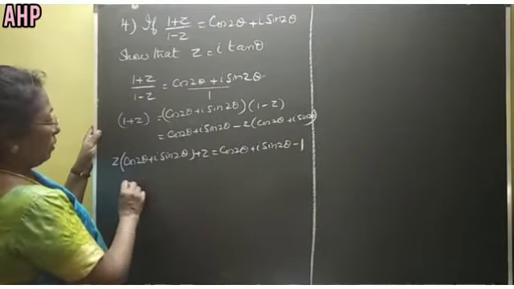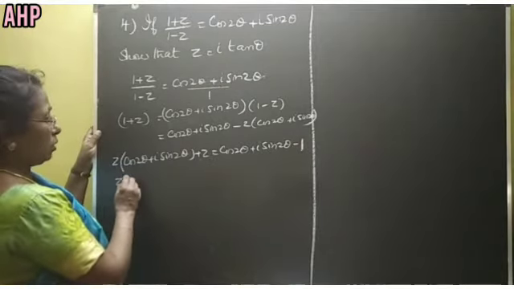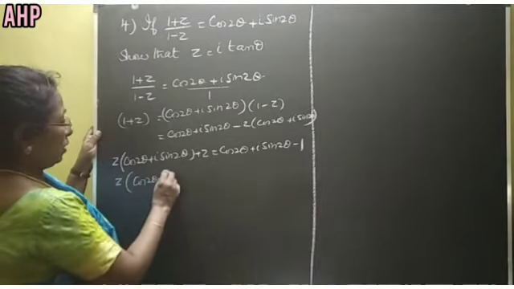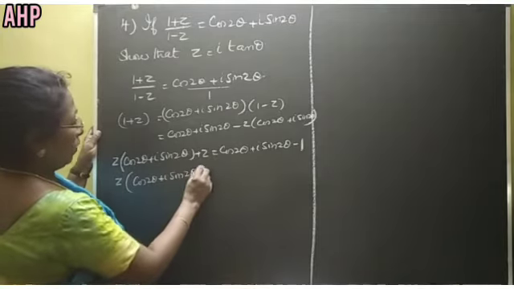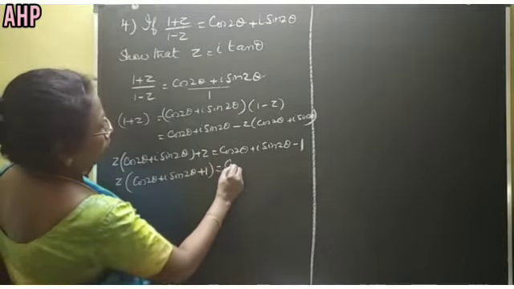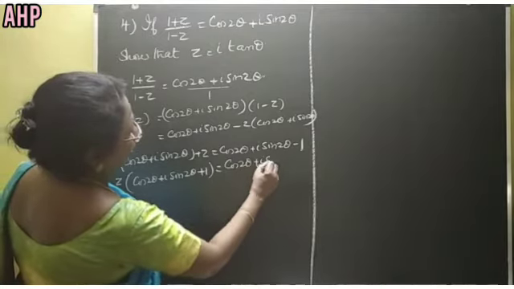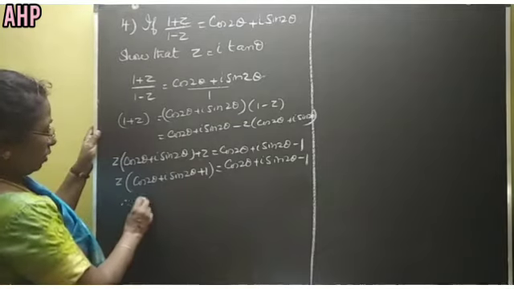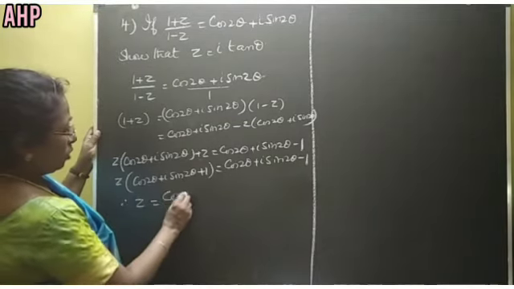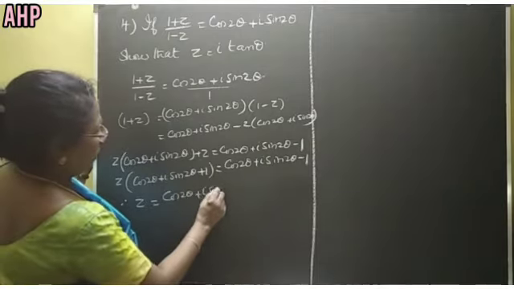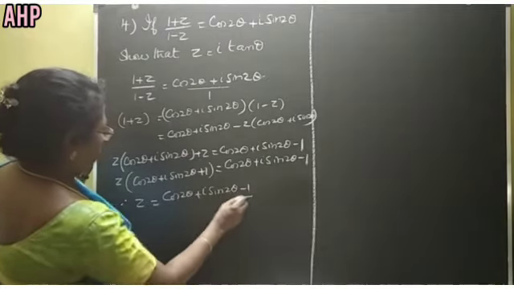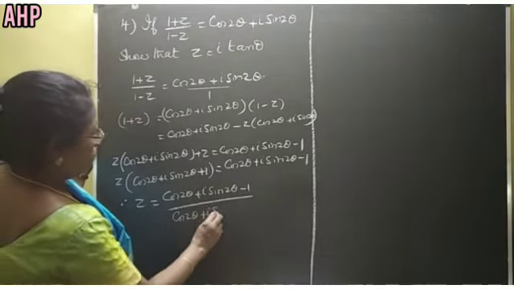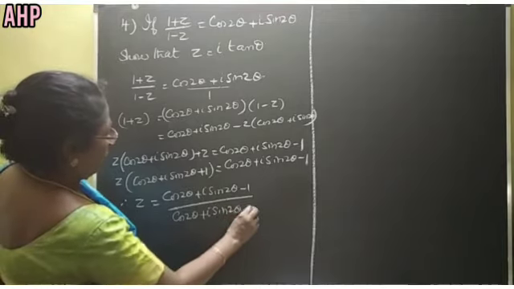So from here you can take z common outside: z(cos 2θ + i sin 2θ + 1) = cos 2θ + i sin 2θ - 1. Therefore, z is equal to (cos 2θ + i sin 2θ - 1) divided by (cos 2θ + i sin 2θ + 1).